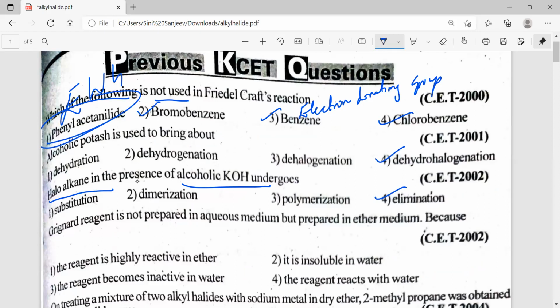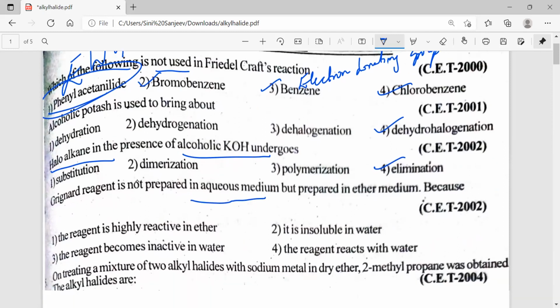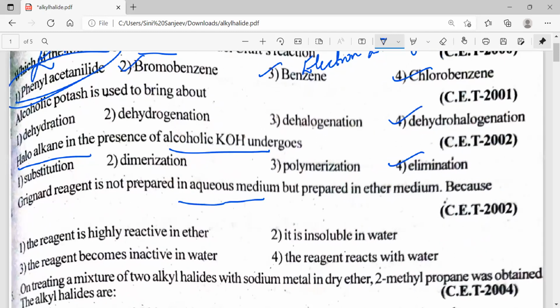Next one, Grignard reagent. Grignard reagent is not prepared in aqueous medium, but prepared in ether medium. Why? The fourth one.